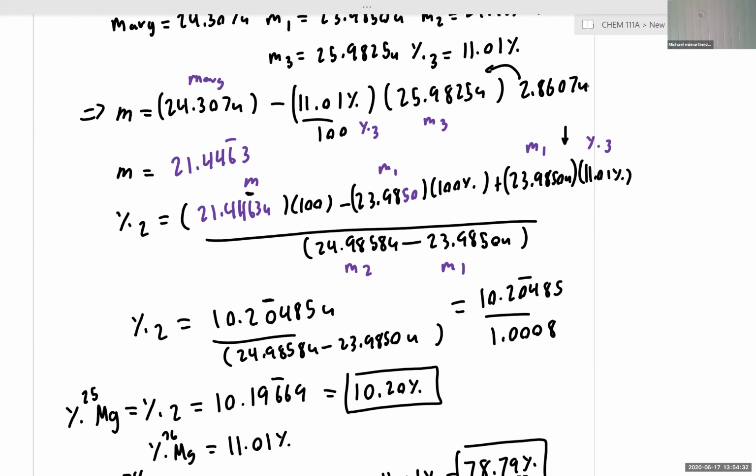Any other questions? Yeah, I was still confused on the 10.204, how you use 4 sig figs, but how it has subtraction and there's like more decimal places.